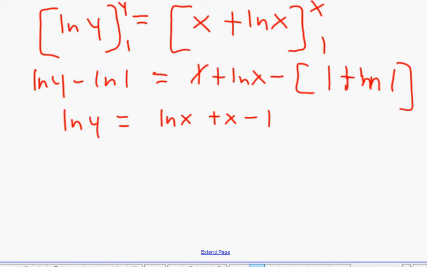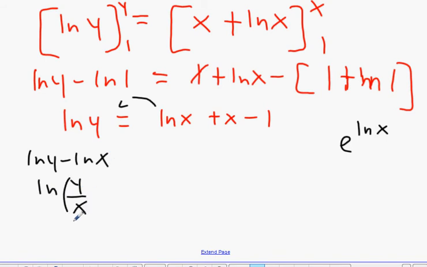Can anybody tell me what's e to the power of ln x? x, okay? So there's two ways to do it. The way I might have done it was I would have brought the ln x over to the other side, and I would have said ln y minus ln x equals ln y over x equals x minus 1.